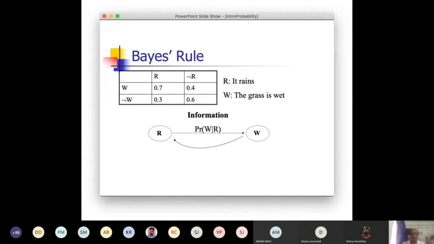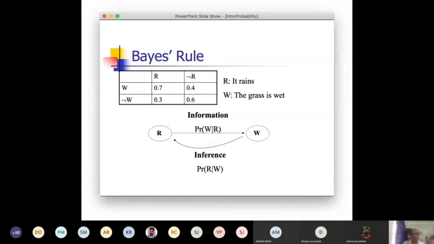So when you are expressing the probability of W given R, you have the arrow from rain to W. That's the graphical notation for expressing Bayesian conditional probabilities. We'll come to these notations later also. So this is the information that is available.